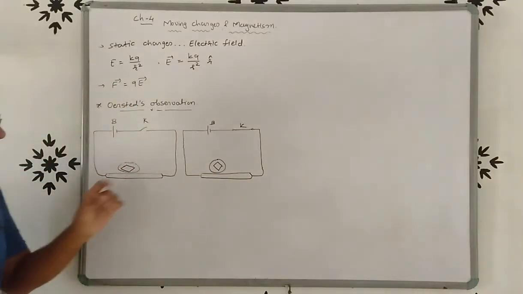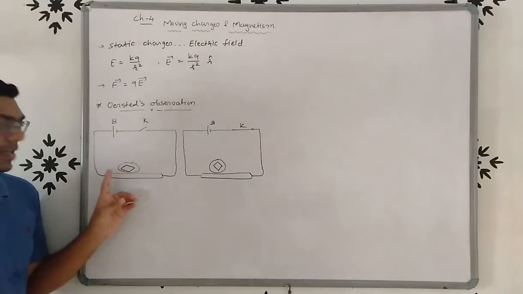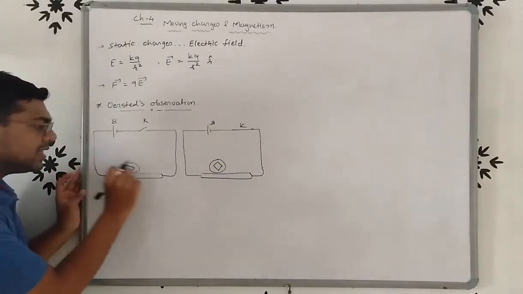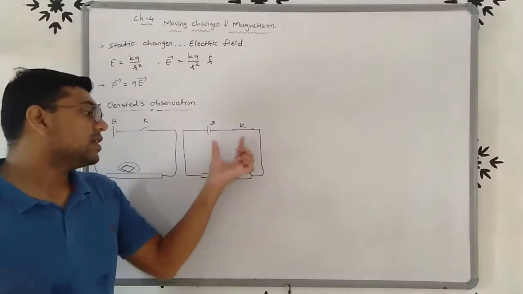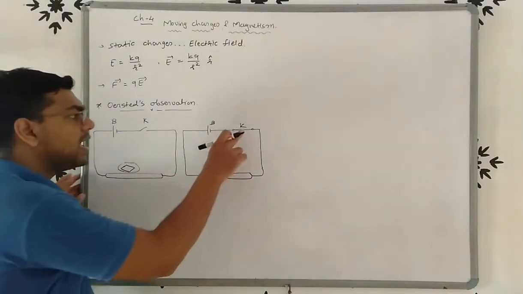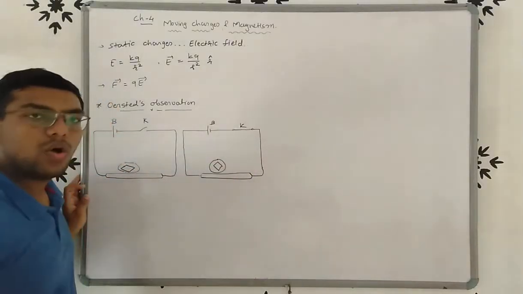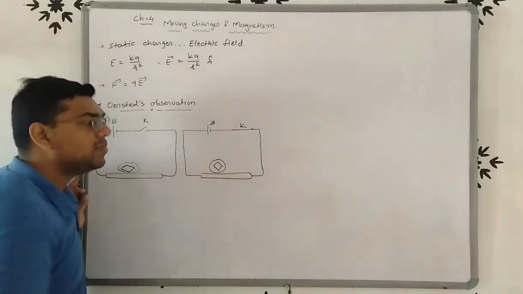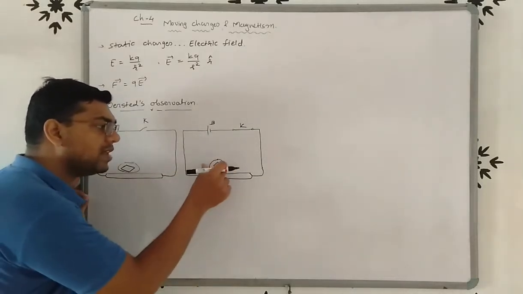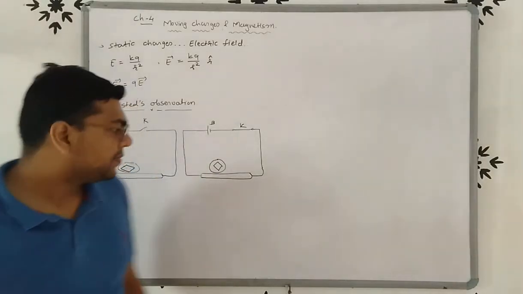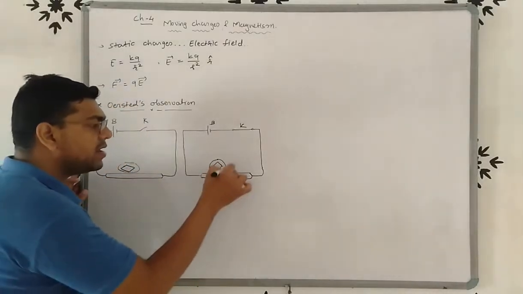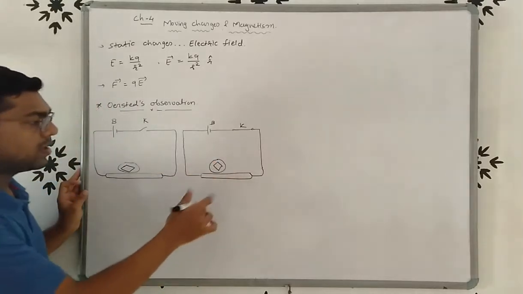So in the first case, the magnetic needle is like this, vertical, and in the second case, as the switch is on, or we can say current flows, there will be a deflection in the magnetic needle.